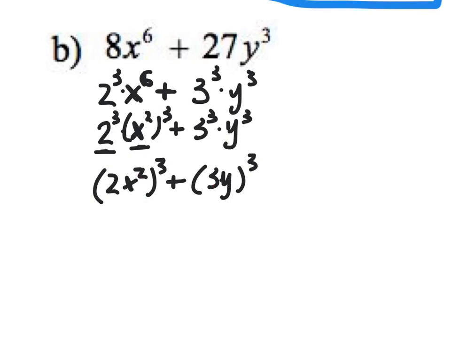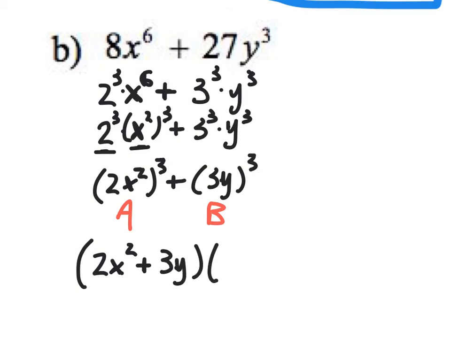So now let's use our definition. Here's our A value, here's our B value, so it's plus. I've got the quantity 2x squared, which is my A value, plus 3y, keeping my same sign.